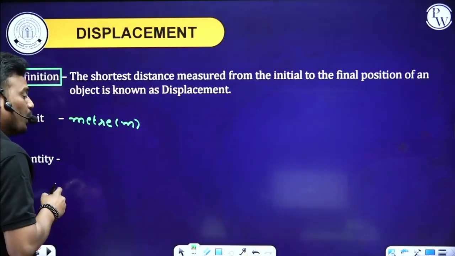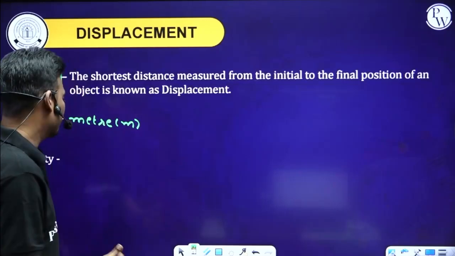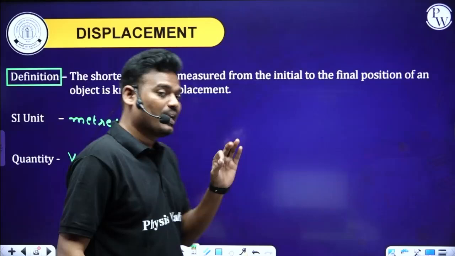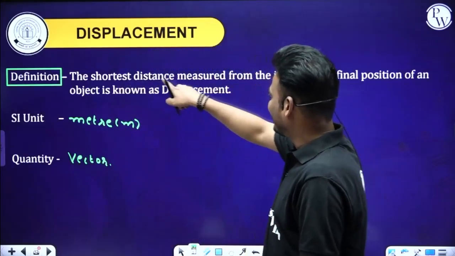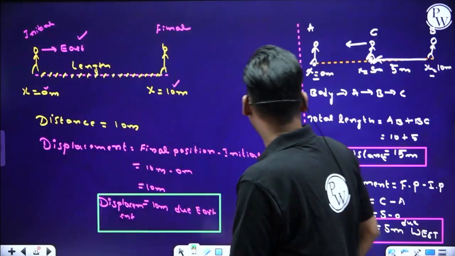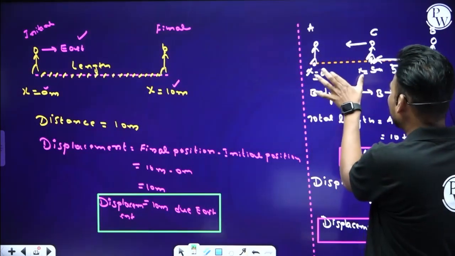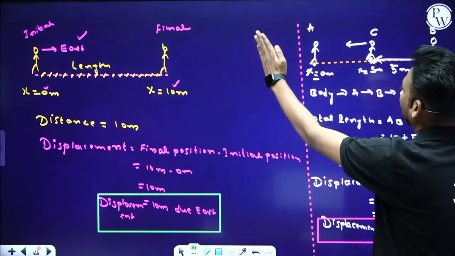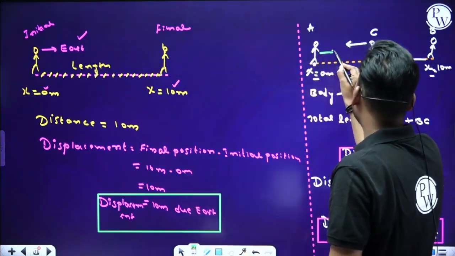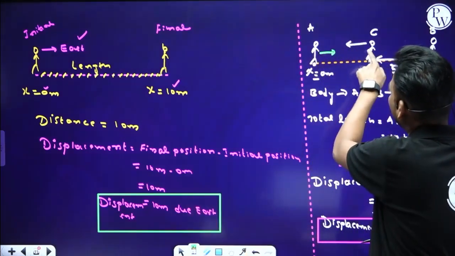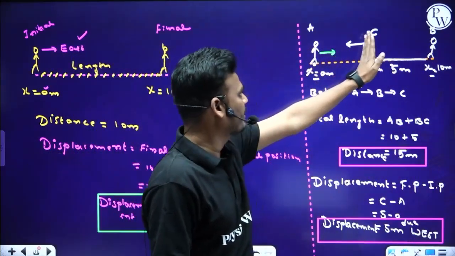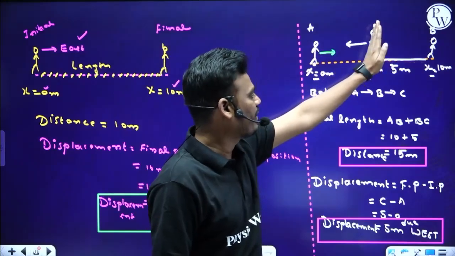In displacement we are considering direction also, therefore it is a vector, because it depends on direction. The initial to final position is 5 meter. Initially it is the east direction, finally it is the west direction, due west.